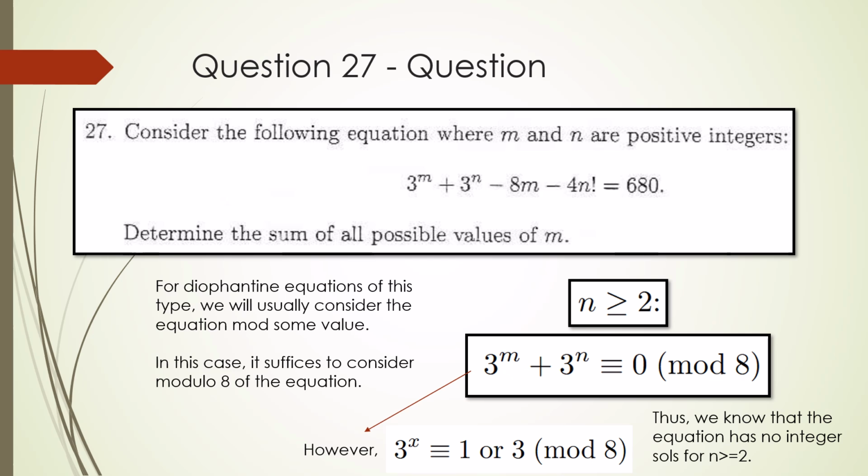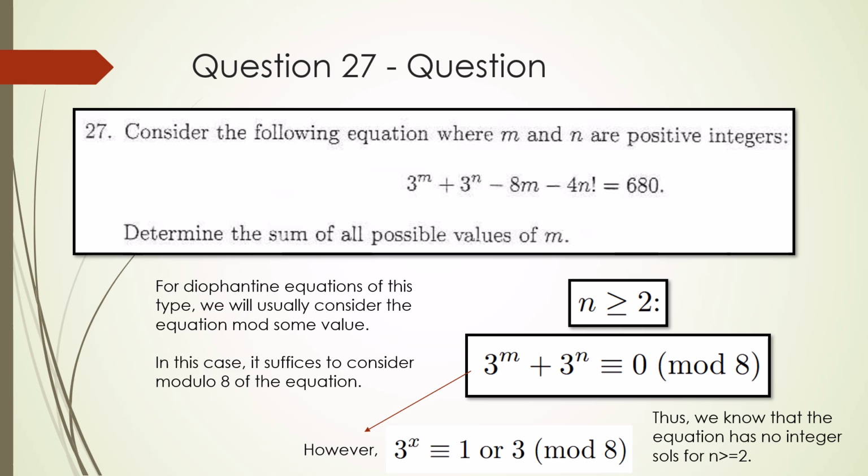And notice that for the factorial, since you have 4 times n factorial, for n greater than or equal to 2, the n factorial term will contain at least one 2. And that 2 multiplied by 4 will give you an 8. Right? So the 8m and the 4n factorial terms are both divisible by 8. Then you look at the 680 term.